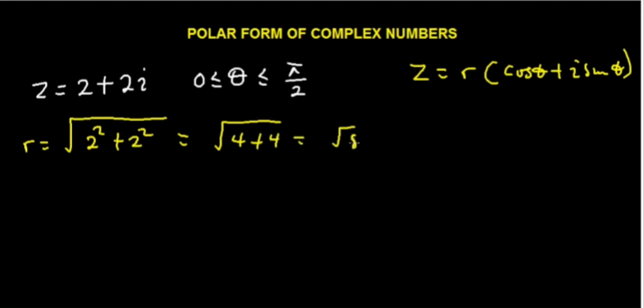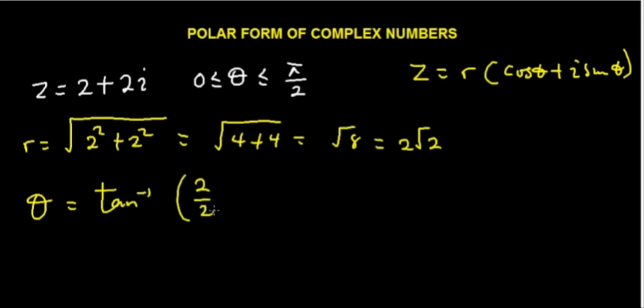Root of 8 is 2 root 2, which is my r. To get my theta, it is the arctan of 2 over 2, where this is y and this is x. So I'll be having arctan of 1.